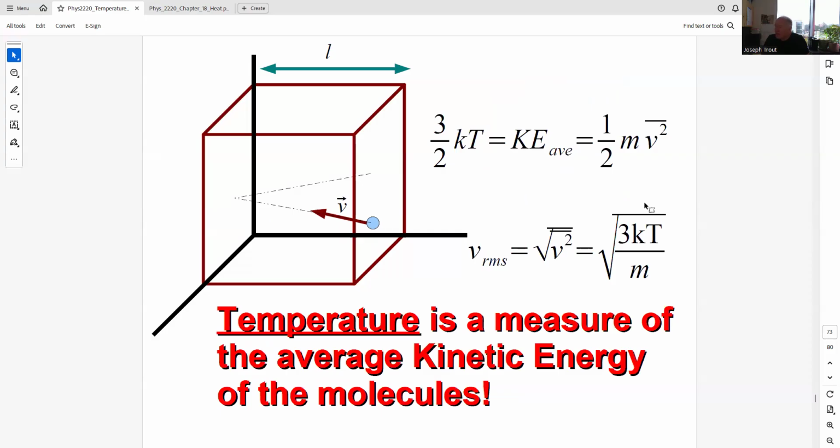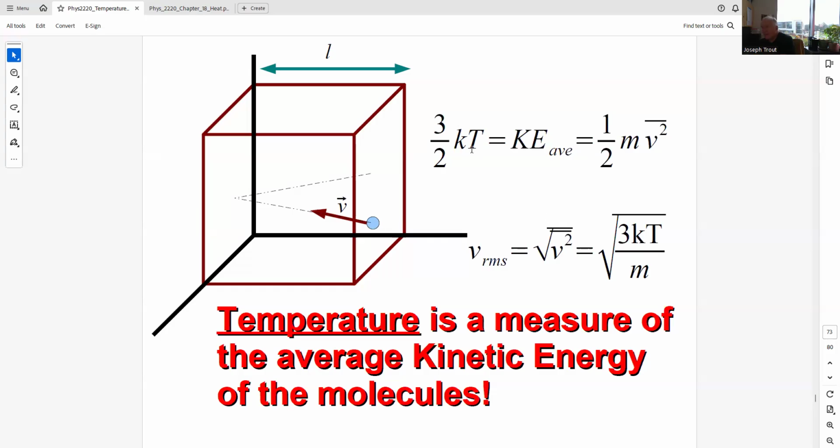And VRMS is the square root of the average velocity squared, which is equal to the square root of 3kT over m. So the point of that whole derivation is to show you that the temperature is a measure of the average kinetic energy of the molecules.